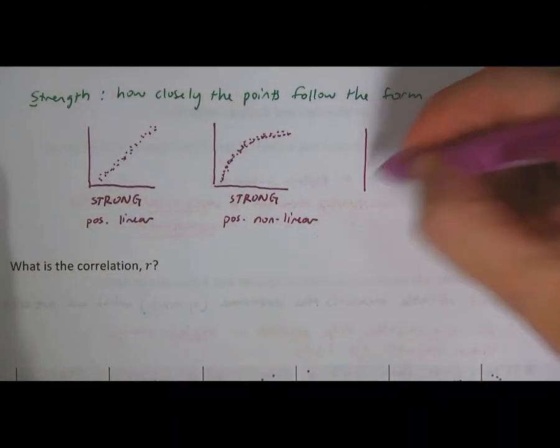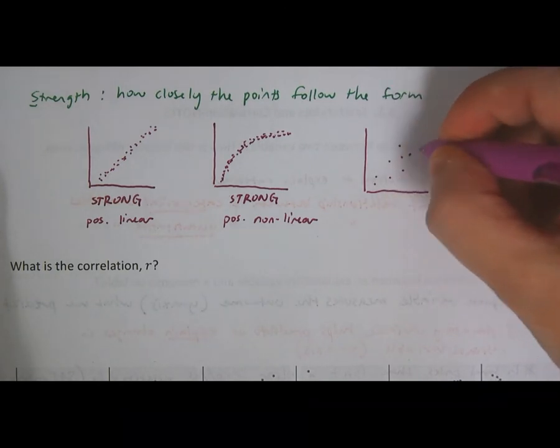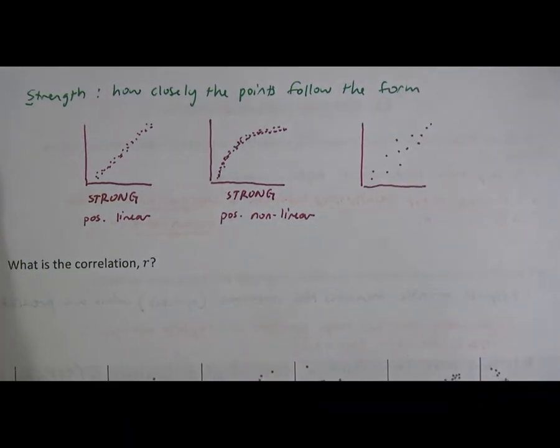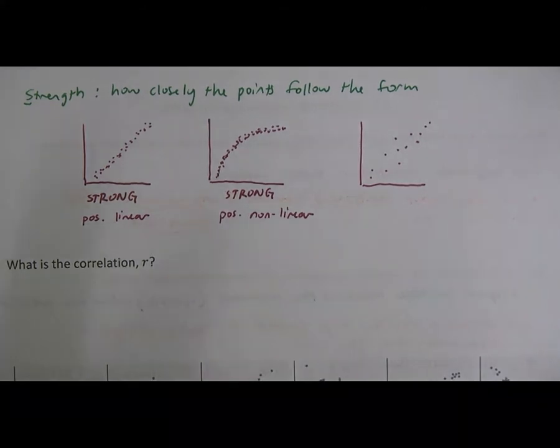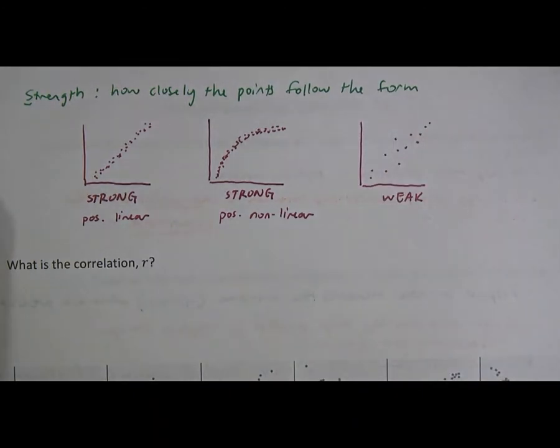Weakness is going to be when you can see some kind of association, like, as X increases, so does Y. So I can tell that it's positive. I can tell there's no curve to that pattern, but it's going to be on the weak side. Because the points aren't very close to the form.